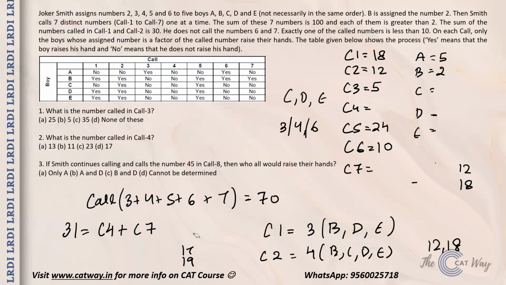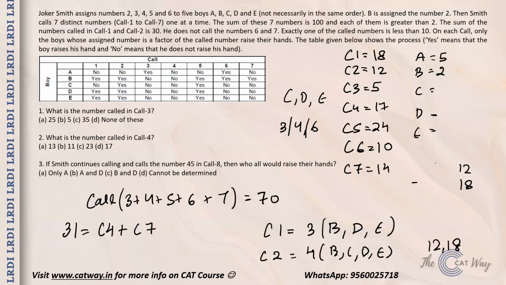So 13 is not possible. If you take 19, the other person would be 12, and again, that is not possible. So the only possibility for C4 is 17, and in that case C7 is 14. So we now know all the numbers.